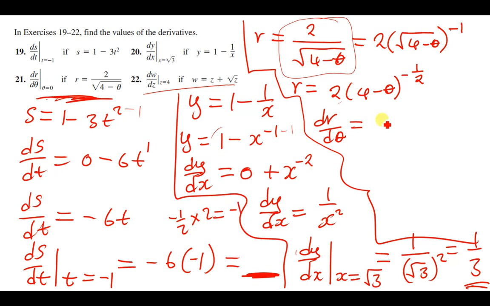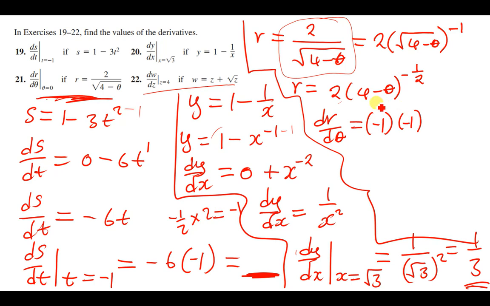So we're going to have negative 1 there. Then we multiply the negative 1 by the derivative of what we have inside. The derivative of 4 is simply 0. The derivative of negative theta is simply negative 1. So I'm going to write my negative 1 there.